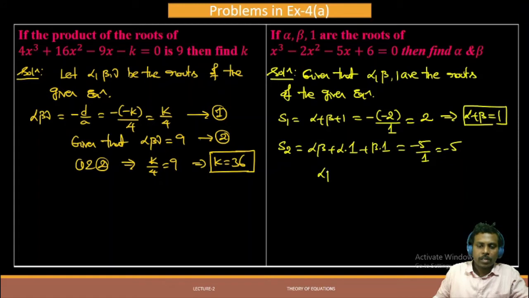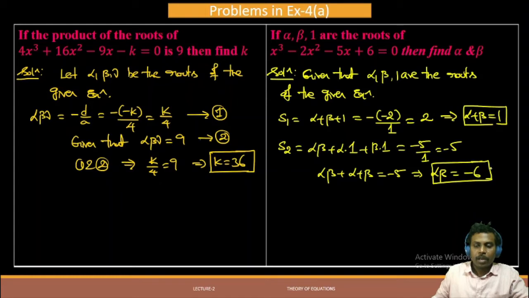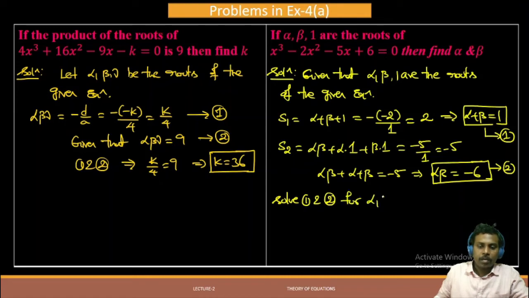So alpha beta plus alpha plus beta is equal to minus 5, implies alpha beta is equal to minus 5 minus, alpha plus beta value is 1. So this becomes minus 6. Okay, now you call this equation 2 and this equation 1. Now solve 1 and 2 for alpha comma beta.